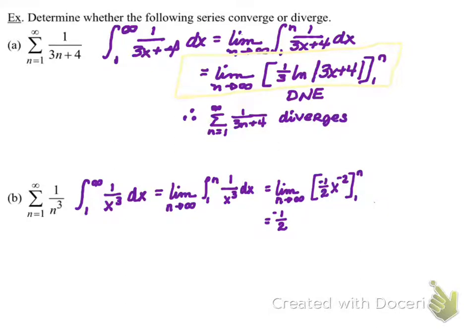Therefore, you can say that the sum, not the sum, the integral converges to -1/2, but you also cannot say that the sum of the series converges to -1/2. You have to say that the sum of the series converges. That's all you know. You don't know where it converges to. Understood? Okay.